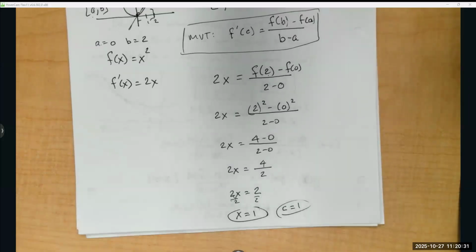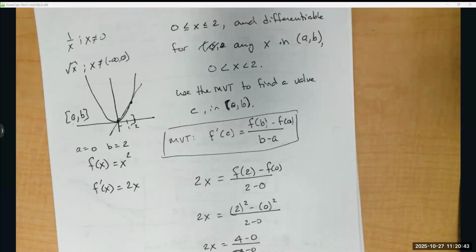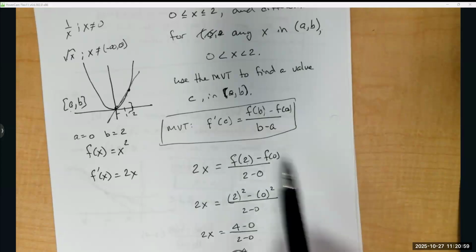So what do we know that happens at c? What does the mean value theorem tell us? The average rate of change and instantaneous rate of change are equal to each other. Which are what? The functions are continuous and differentiable.